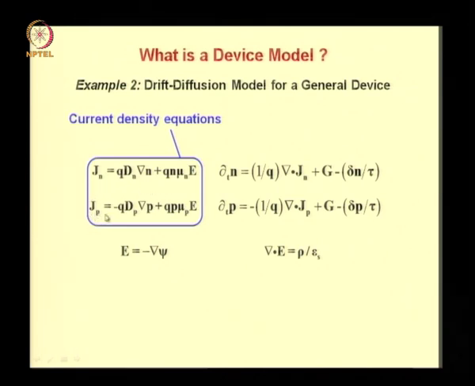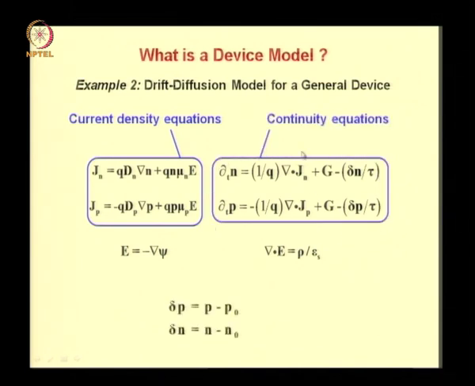Similarly, this is the equation for the hole current density. Since this model is based on drift and diffusion currents, it is called a drift diffusion model. Look at these equations here.